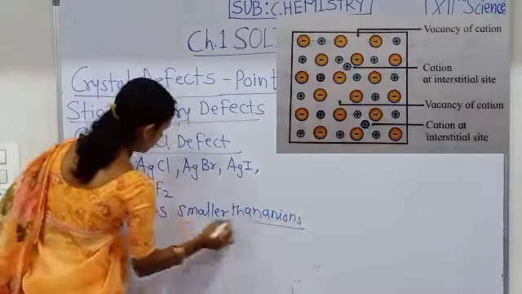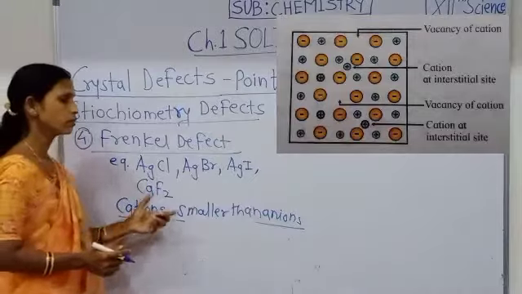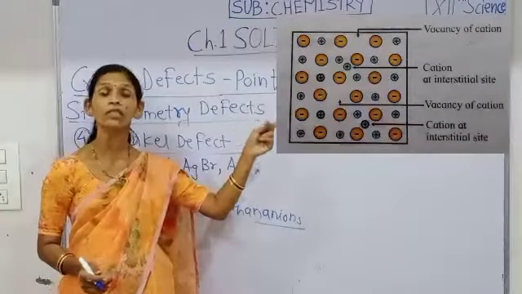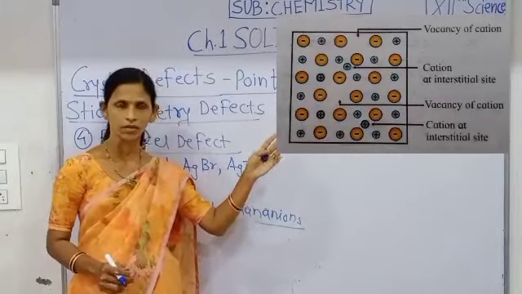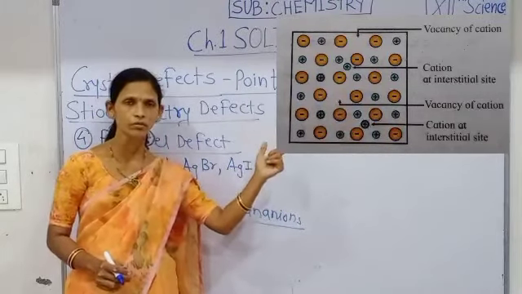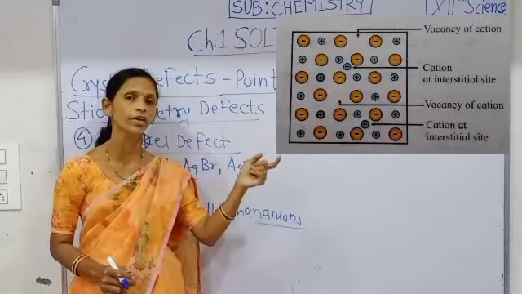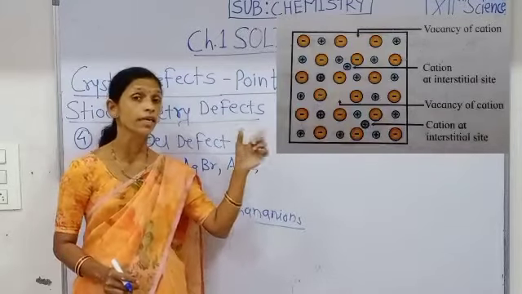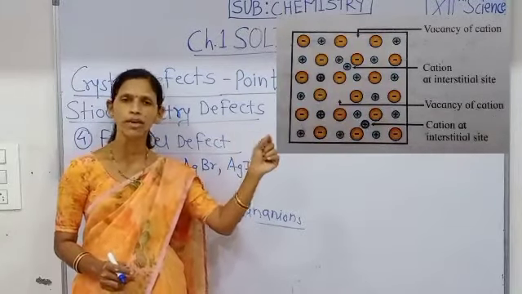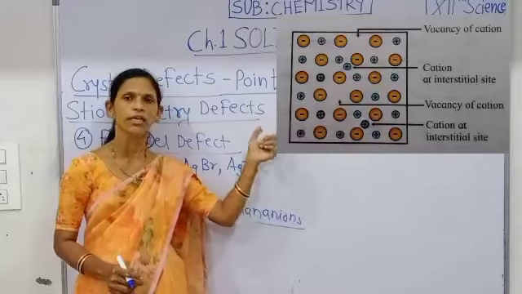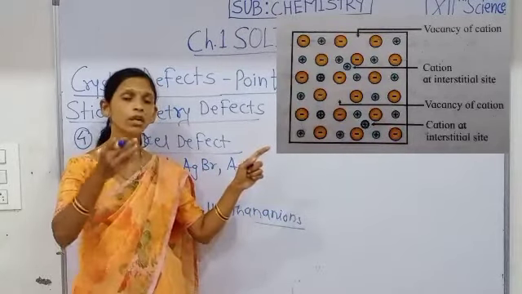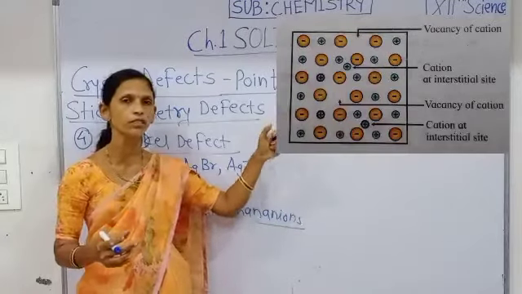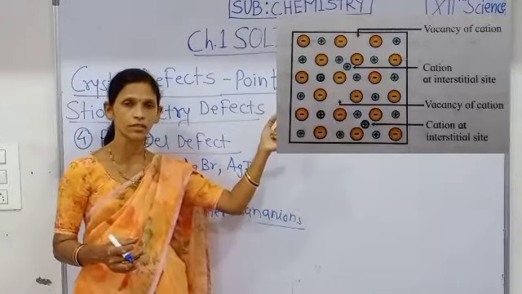In the figure, an ionic compound in which Frenkel defect is obtained, the cation leaves its regular site and occupies an interstitial space.